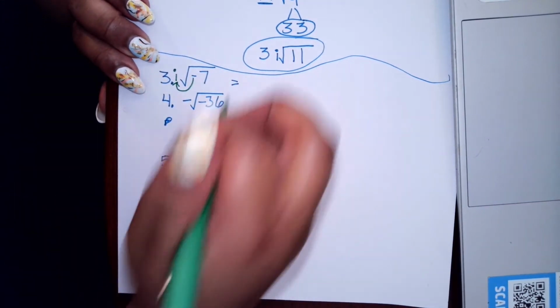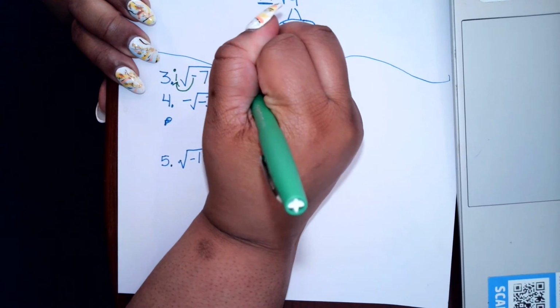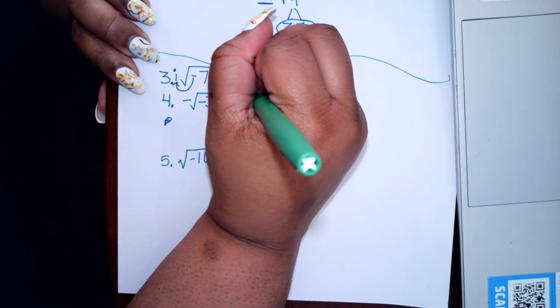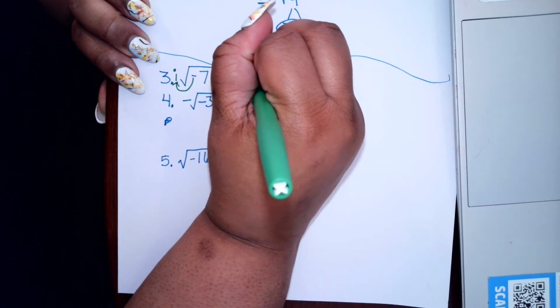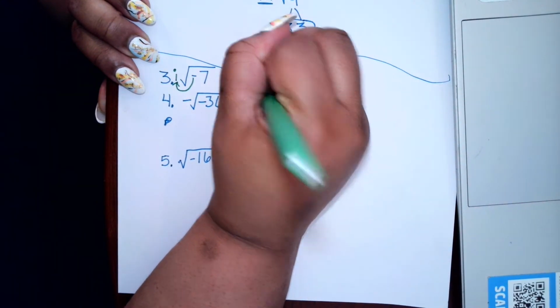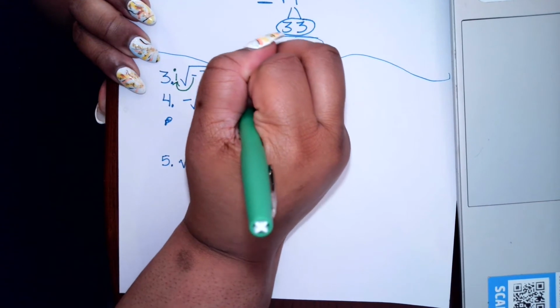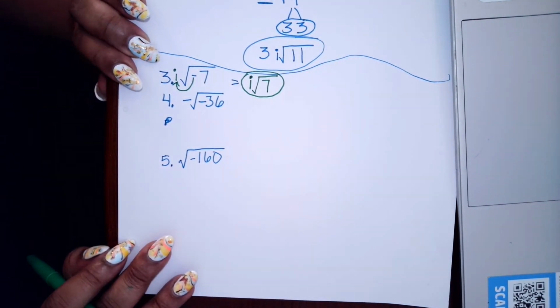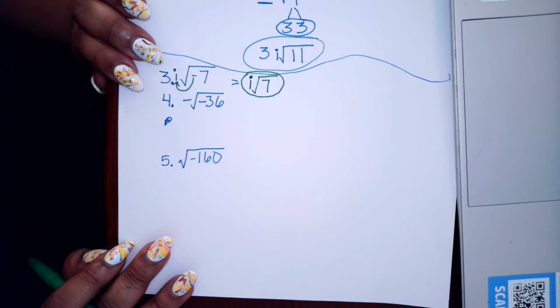And once we do that, this is its new expression. So that will be the answer for number 3, i radical 7.